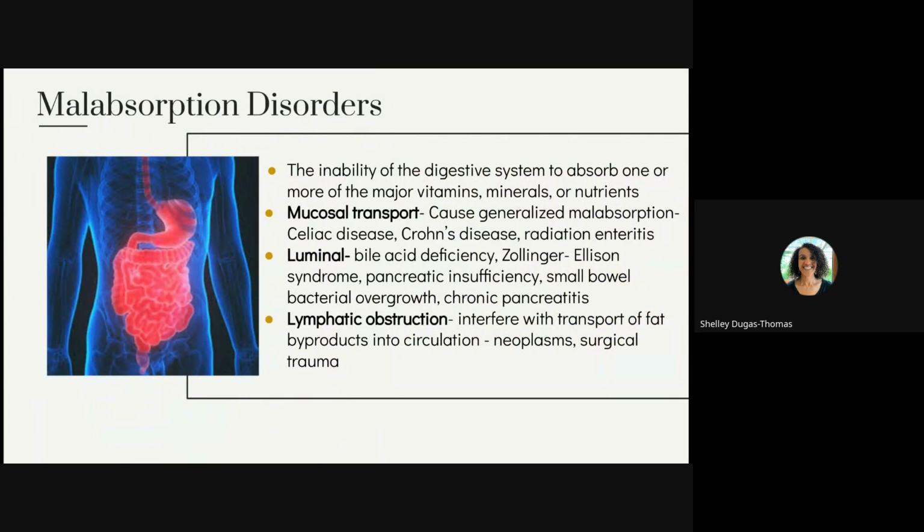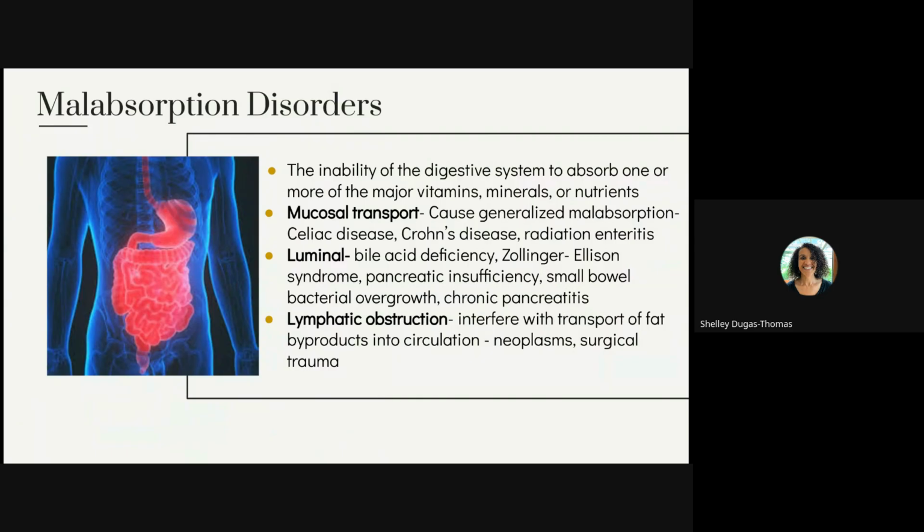Malabsorption disorders occur when the digestive system fails to absorb essential vitamins, minerals, and nutrients. The mucosal transport defects cause generalized malabsorption. Some examples are celiac disease, Crohn's disease, and radiation enteritis. Luminal defects are when there's an impairment in the nutrient breakdown or absorption due to bile acid deficiency.